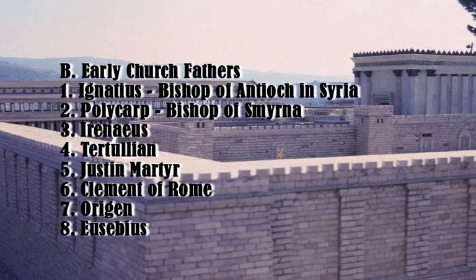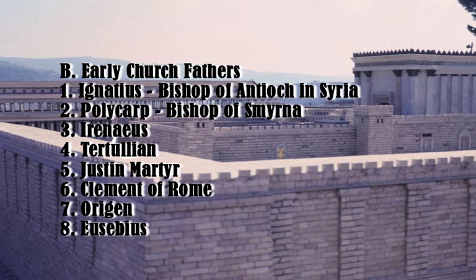We have the Apostolic Fathers in the book of Acts in the New Testament. Then we have the next generation, the early church fathers, who many were maybe disciples of the apostles or disciples of the disciples.